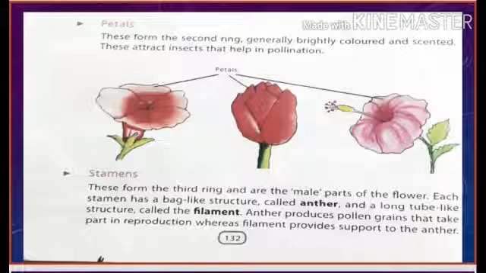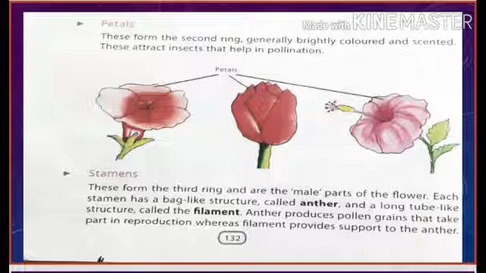And they also have fragrance. What is fragrance? Fragrance is the sweet smell. I want you to realize one thing, that our nature is so powerful. If some structure is given to an object, there is a purpose behind it.